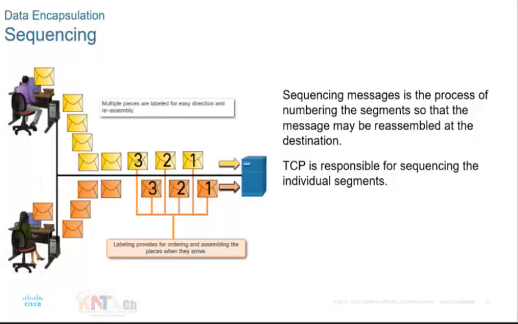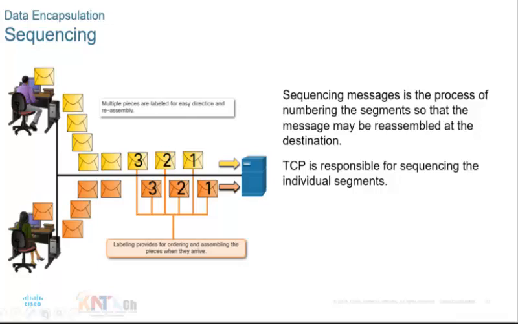Sequencing is the process of numbering the segments so that the messages may be reassembled at the destination. So TCP is responsible for sequencing the individual segments.